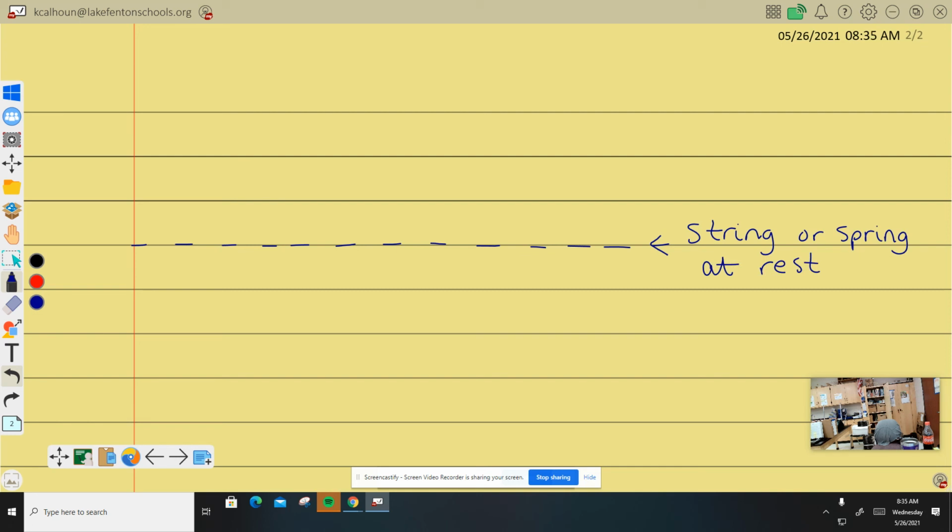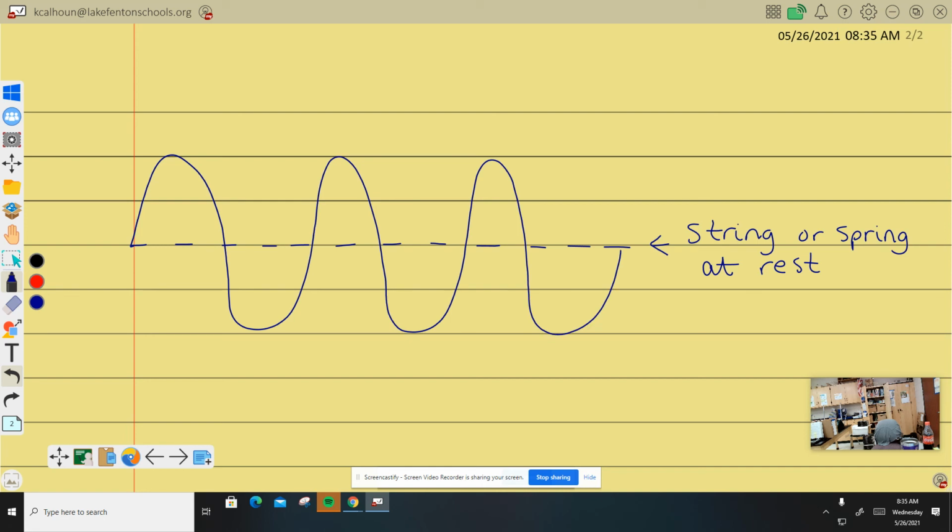Okay, then we start to shake it. You gotta shake the spring. So you shake it and it goes up like this. Oh, that just happened to work out beautifully. All right. So you shake it, you get some vibrations.